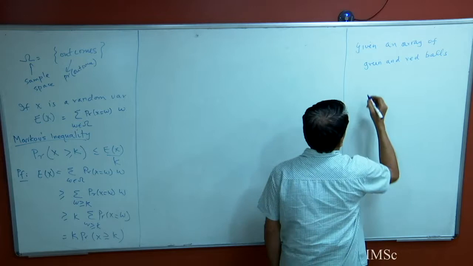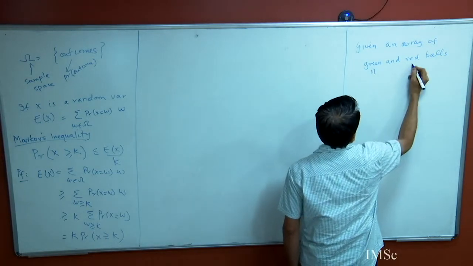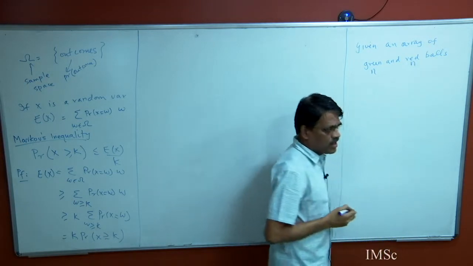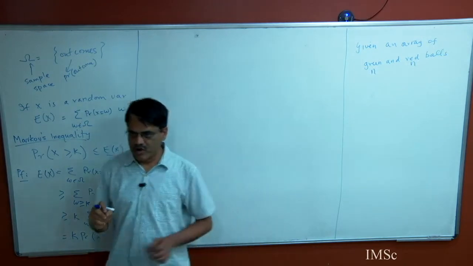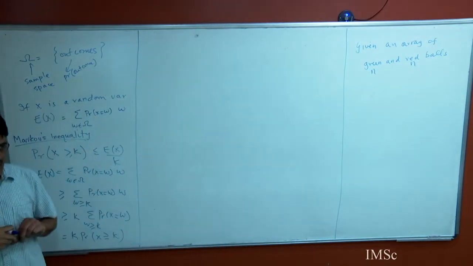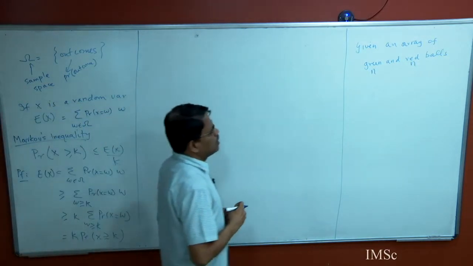Yeah, so let's say there are some n green balls and n red balls. Okay, totally I have 2n. I have an array of 2n balls. Half of them are green, half of them are red.